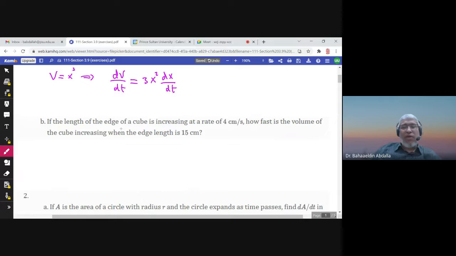If the length of the edge of a cube is increasing at a rate of 4 centimeters per second, so what is this? The edge is increasing. So this is dx by dt. How fast is the volume of the cube increasing? So he is asking about dV by dt when the edge length is 15.